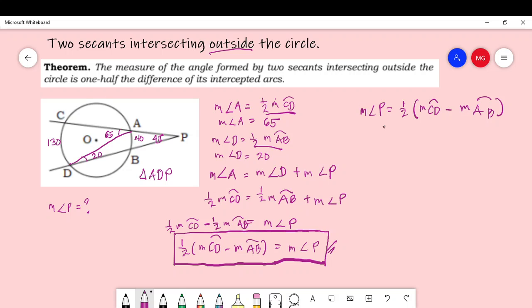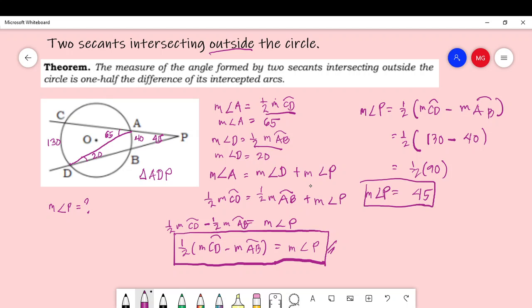Okay, so it's 1/2 of 130 minus 40. So this is equal to 1/2 of 90. And what's 1/2 of 90? It's 45. Okay, so measure of angle P.